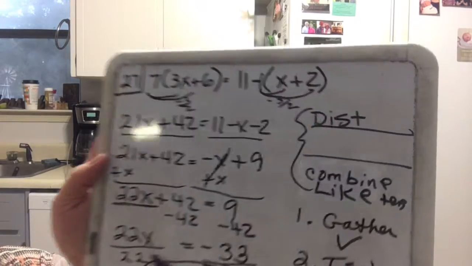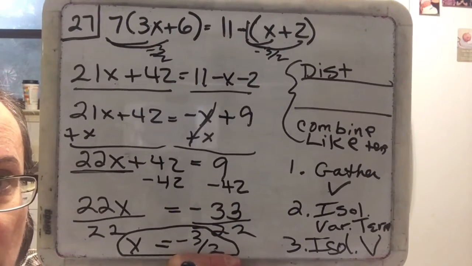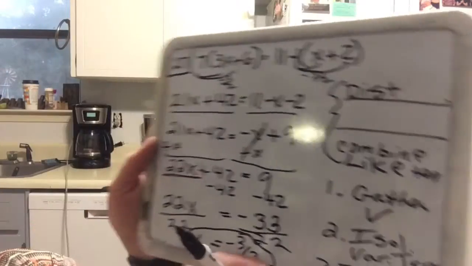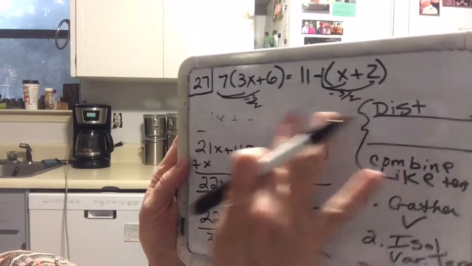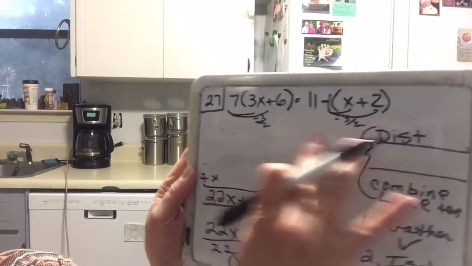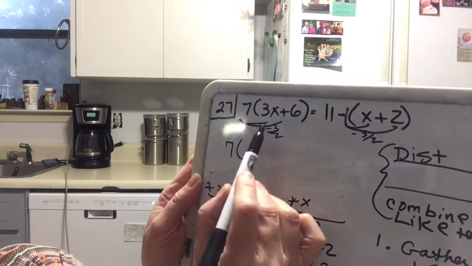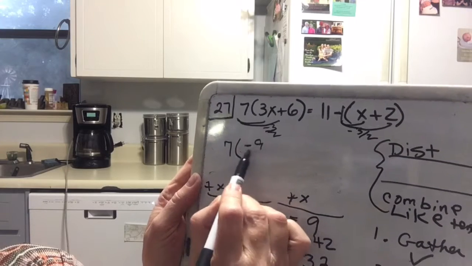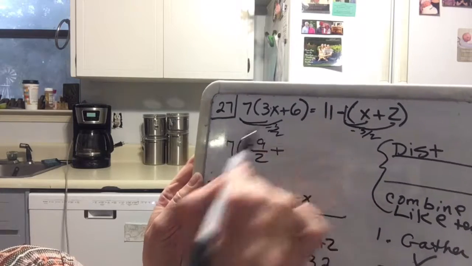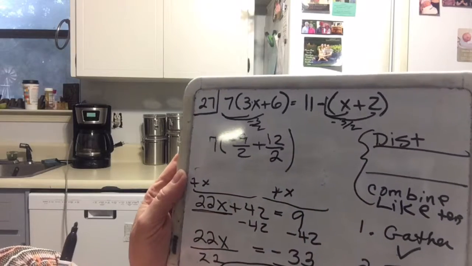So I'm going to just erase this. First of all, make sure you have all that, because I'm going to erase a little bit just so that I can show you the check and that it works. I'm going to erase these 2 lines right here so I have enough room to check, since we've already done that. Now we're going to have 7 times negative 9/2 when I plug in my negative 3/2 here, plus, instead of 6, I'm going to call 6 12/2 to get that common denominator I need.